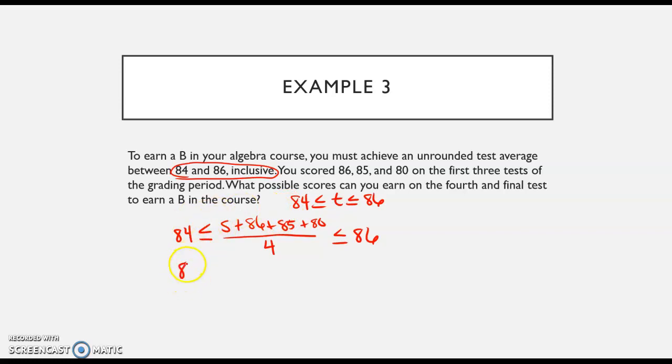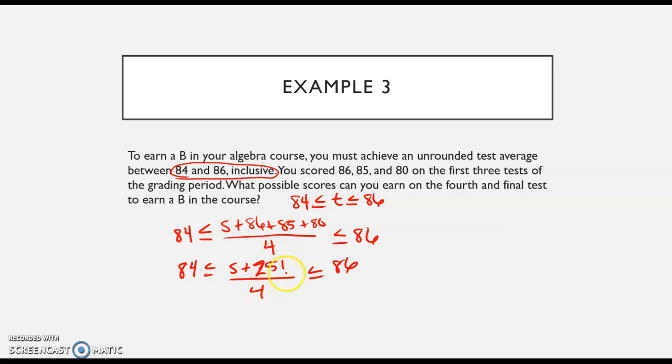So the 84 stays. S plus 86 plus 85 plus 80 is 251. All of that divided by 4 is less than or equal to 86. Now, what I do to the middle, to get rid of something in the middle, I have to do to both outsides.